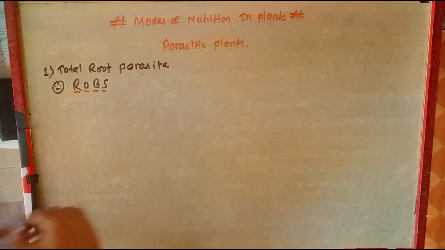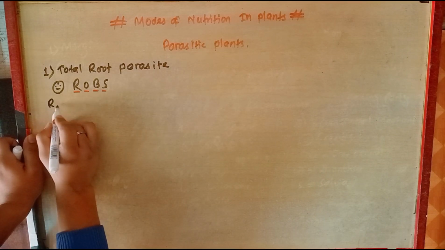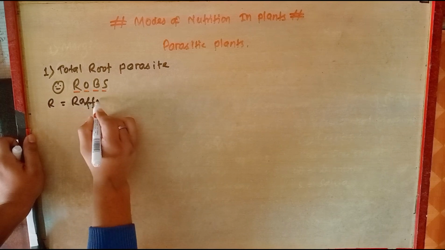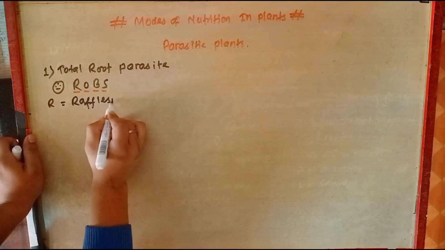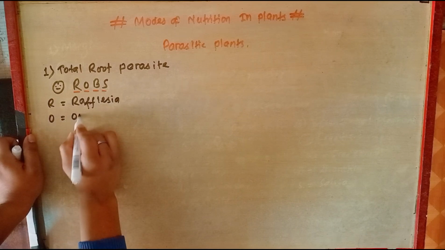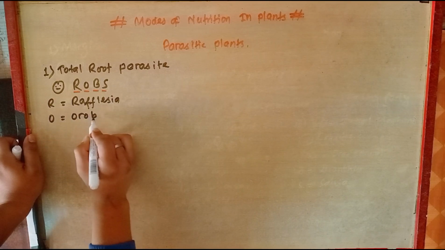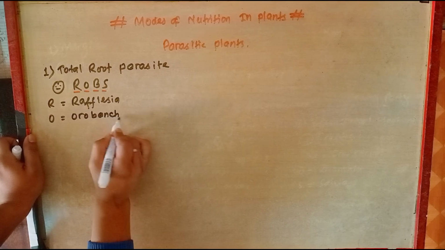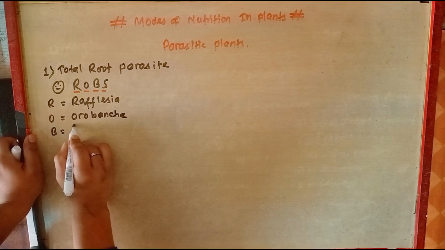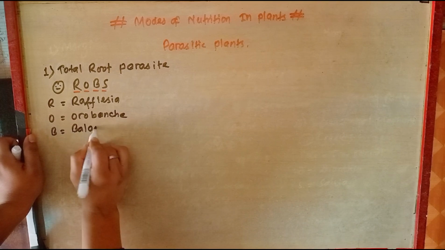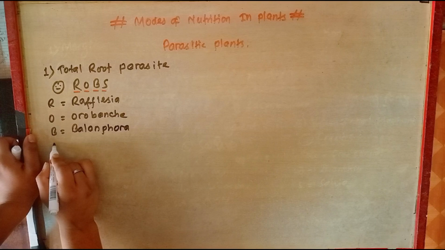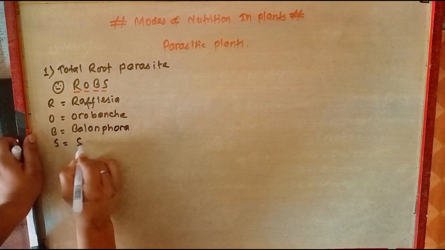So the first is R. R means Rafflesia, RAFFLESIA. O means Orobanche, and B means Balanophora, and S means Striga.